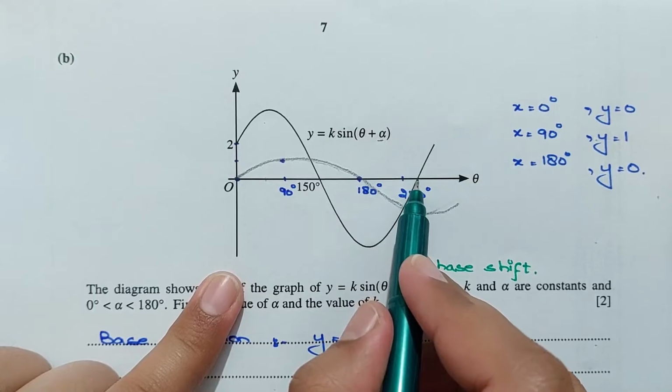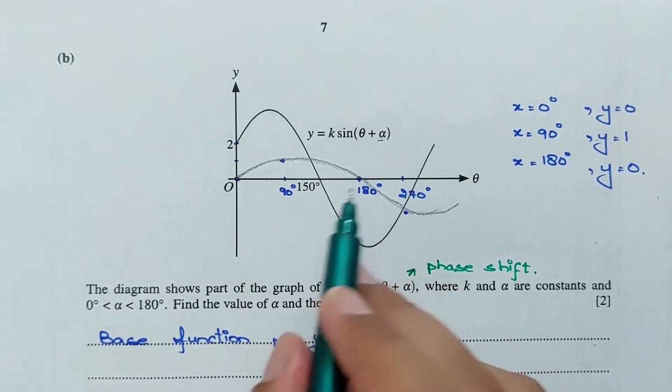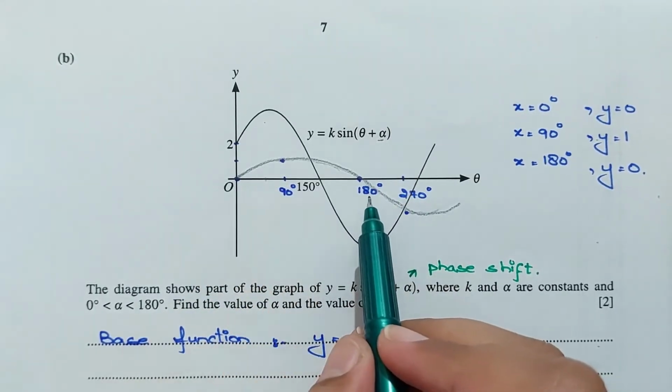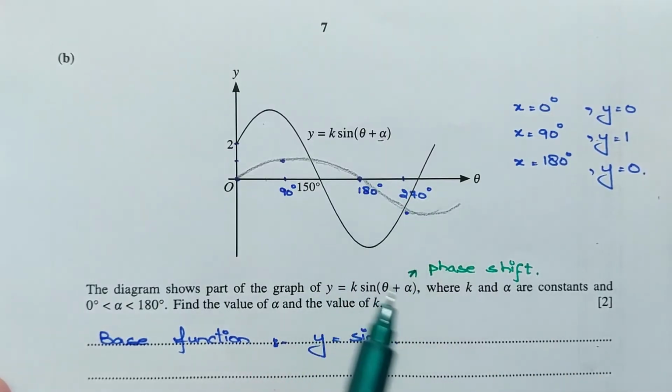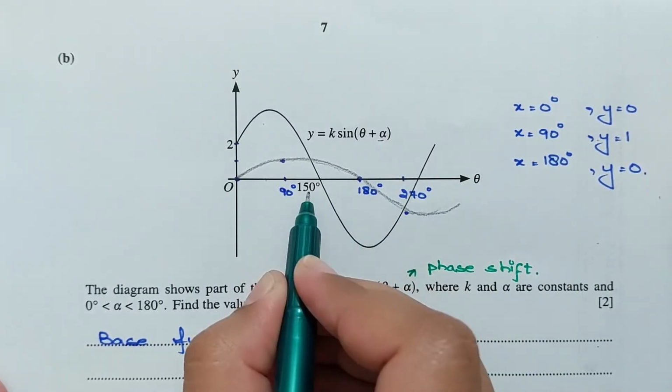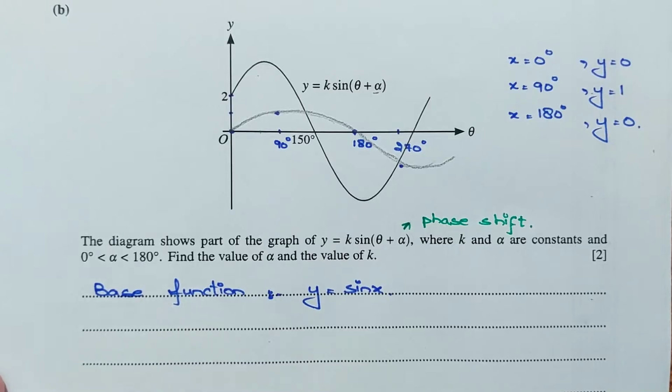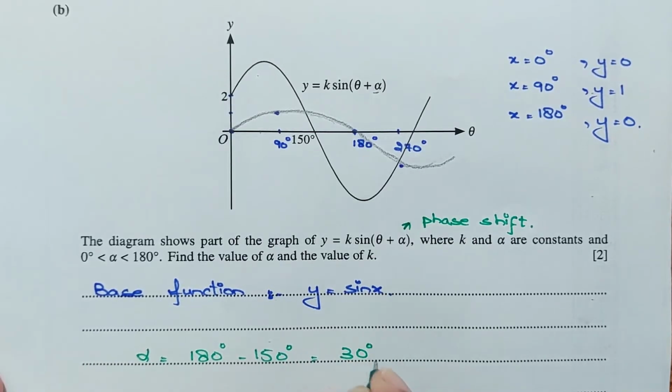So we have to find the difference. Basically, that would be the phase shift between 180 and 150. So the value of alpha is 180 minus 150, which equals 30 degrees. So we have alpha equals 30.